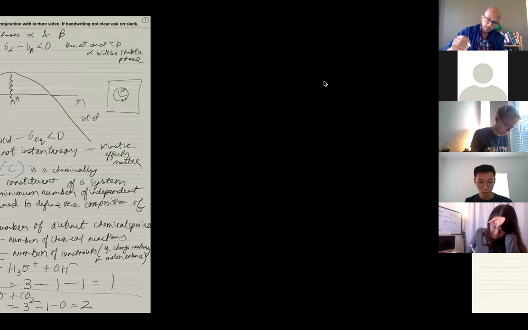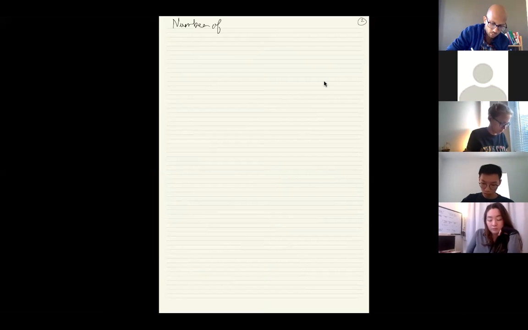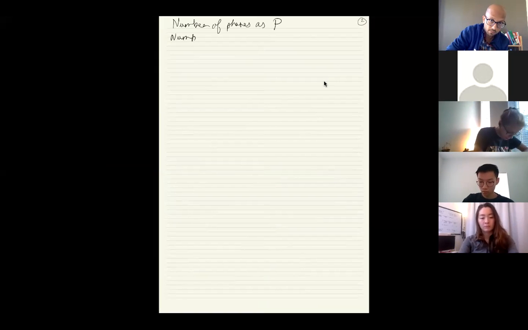So what have we talked about now? We have talked about phases, and we say that the number of phases in a system we are going to denote as P, and the number of components in a system as C. These are the two things we have introduced so far.